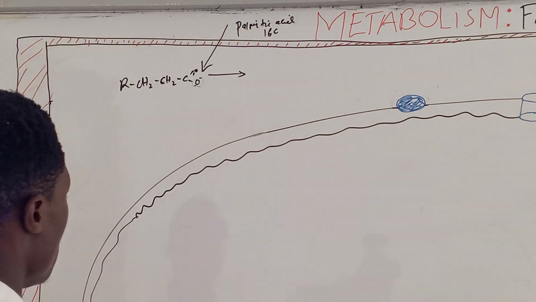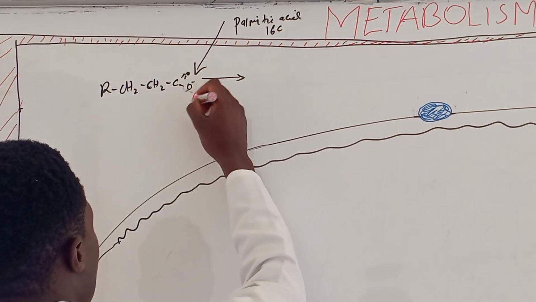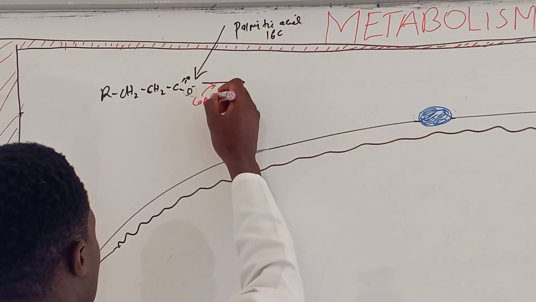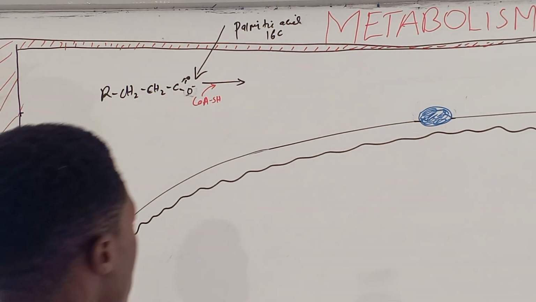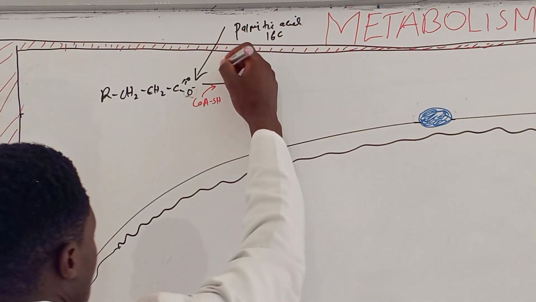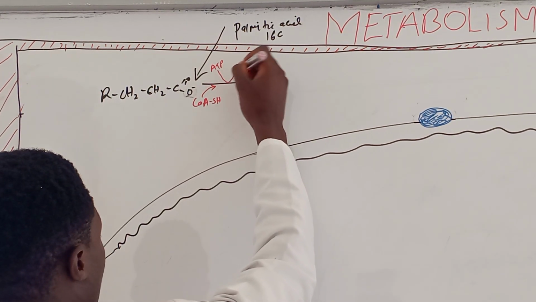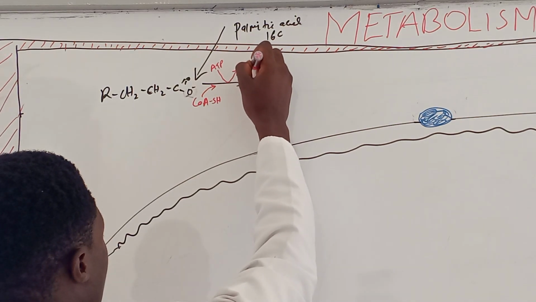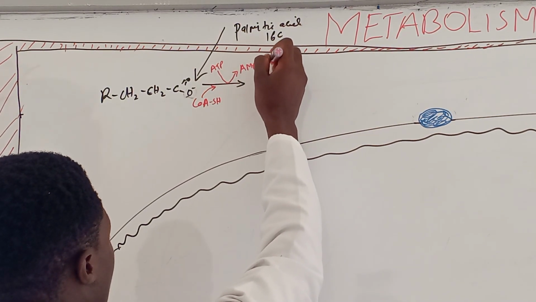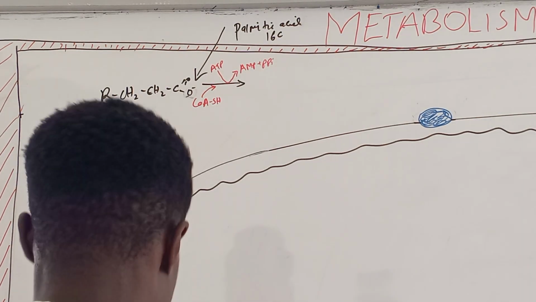We are going to add a CoA, coenzyme A, connected through a thiol. And this process is going to require some energy. So we're going to take some ATP and convert it into AMP plus a pyrophosphate. We're going to utilize 2 molecules of phosphate.